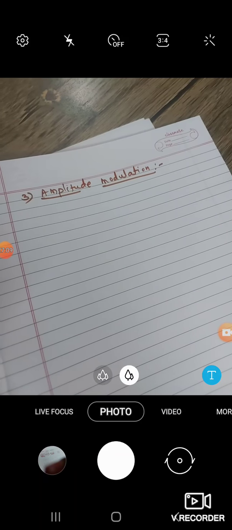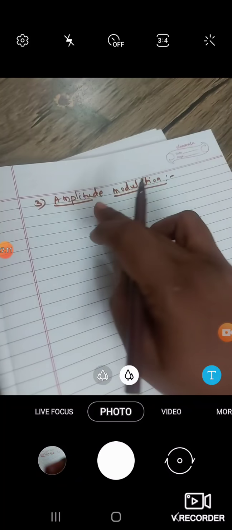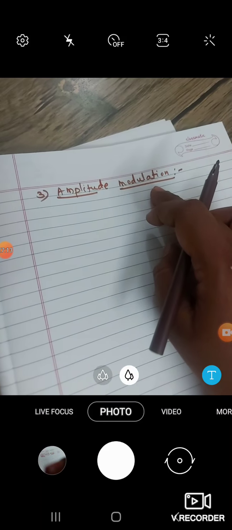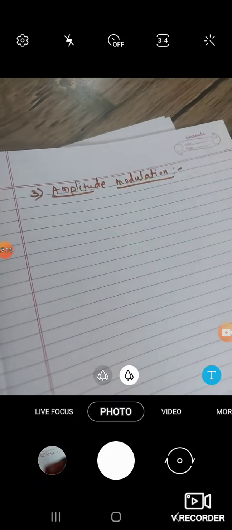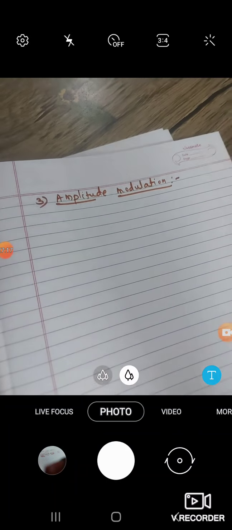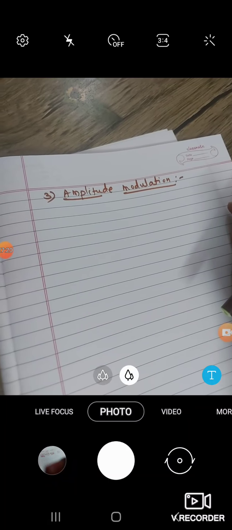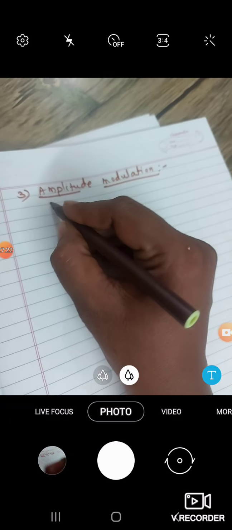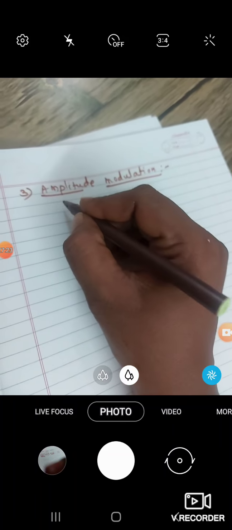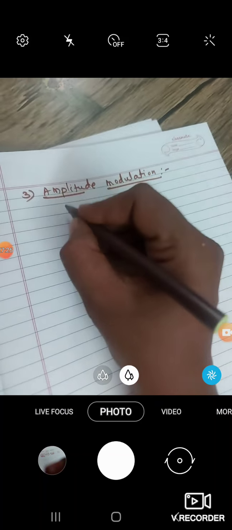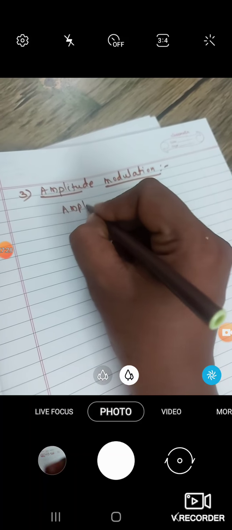So there are three conditions to draw the amplitude modulation signal: over modulation, under modulation and exact modulation. Those points we will see in the next lecture, but just consider that in amplitude modulation, what is the basic concept?